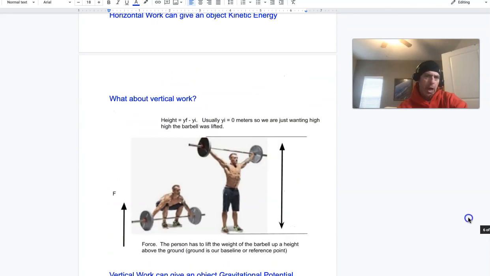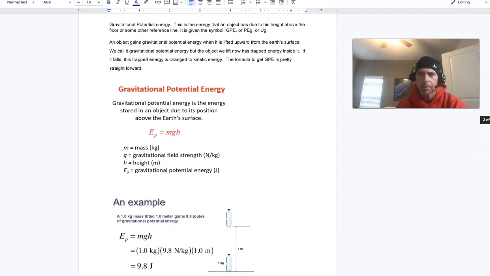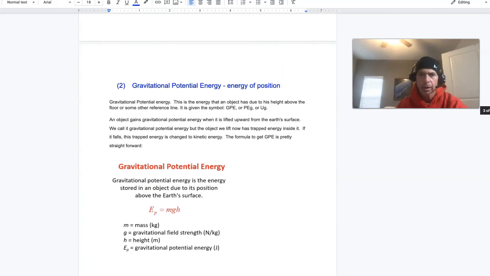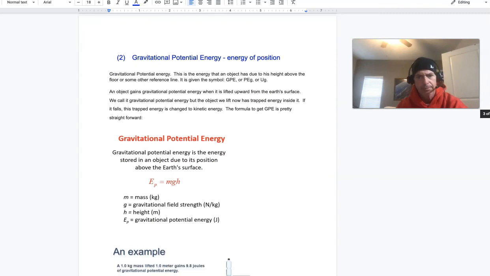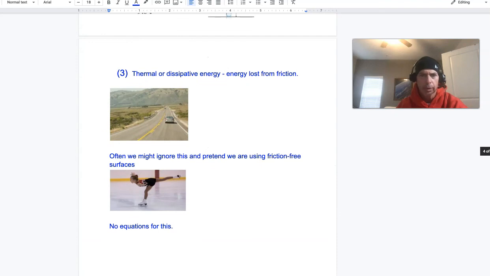So it looks like we have a lot of concepts here, kids, but it really is not that hard, this unit. Okay, we're talking about kinetic energy. We're talking about gravitational potential energy. We're talking a little bit about thermal energy.